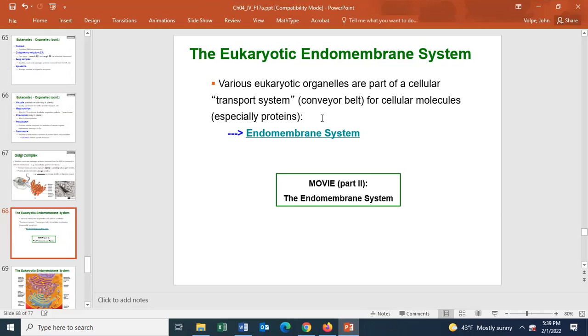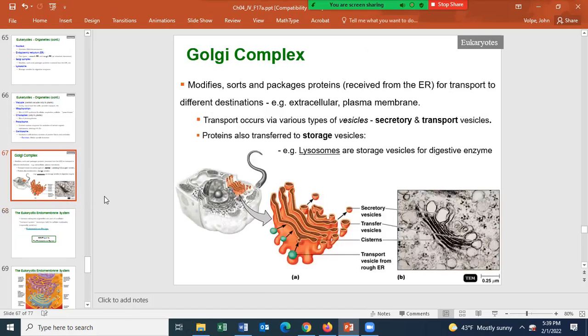If the vesicle contains proteins that were made by the rough ER, these proteins usually end up at the Golgi apparatus. So the proteins are made at the rough ER and taken by a vesicle to the Golgi apparatus.